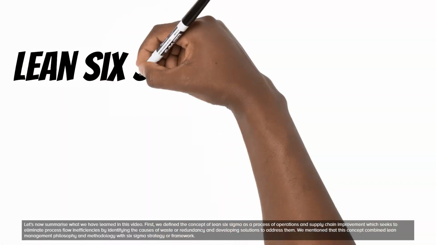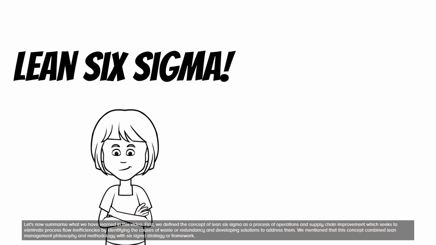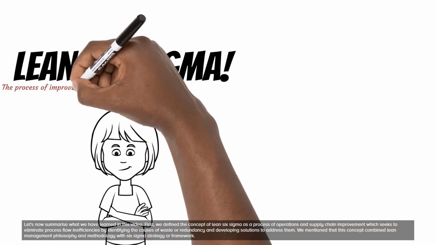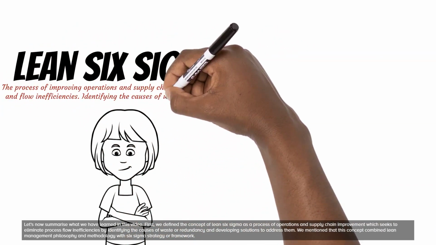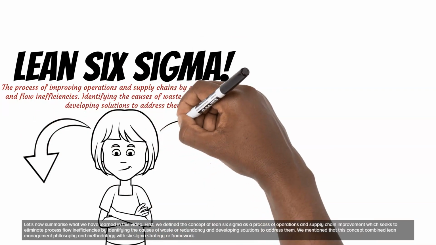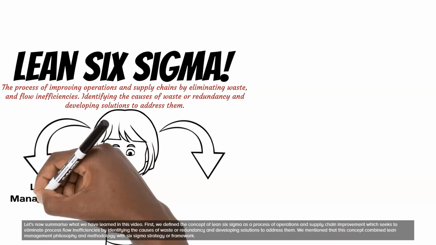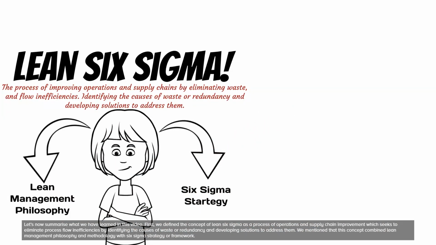Let's now summarize what we have learned in this video. First, we defined the concept of Lean Six Sigma as a process of operations and supply chain improvement which seeks to eliminate process flow inefficiencies by identifying the causes of waste or redundancy and developing solutions to address them. We mentioned that this concept combined lean management philosophy and methodology with Six Sigma strategy or framework.